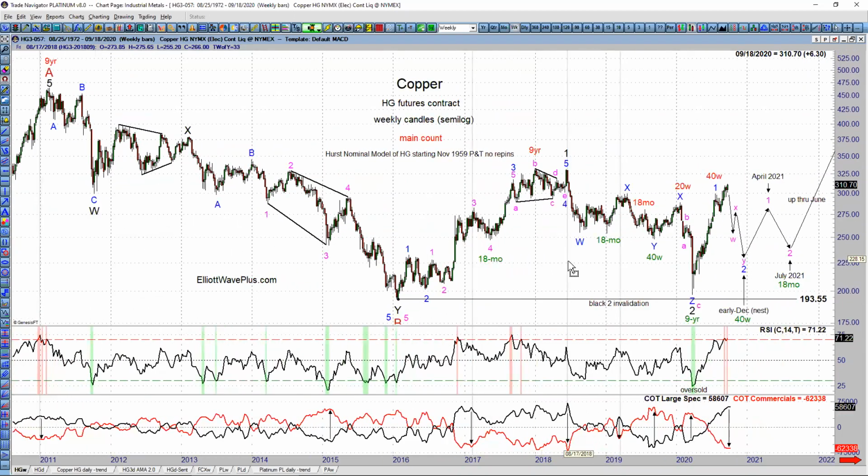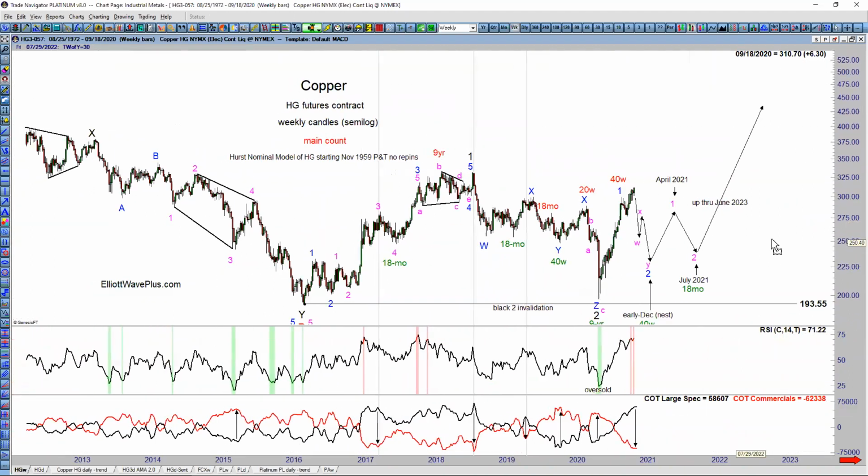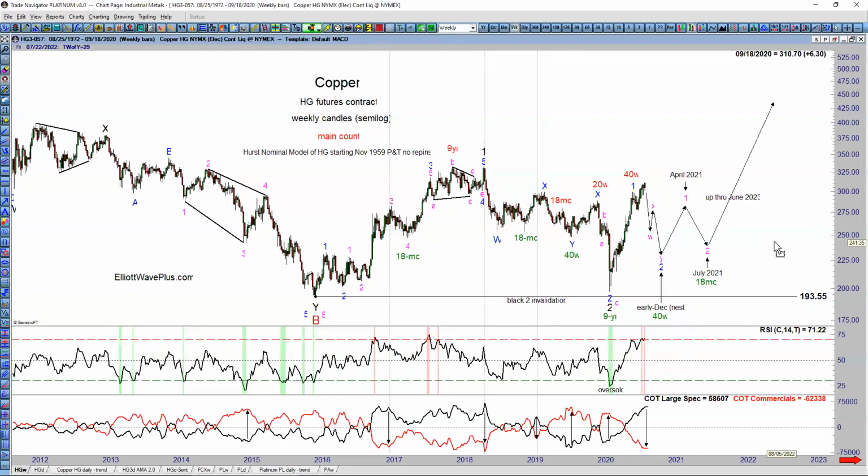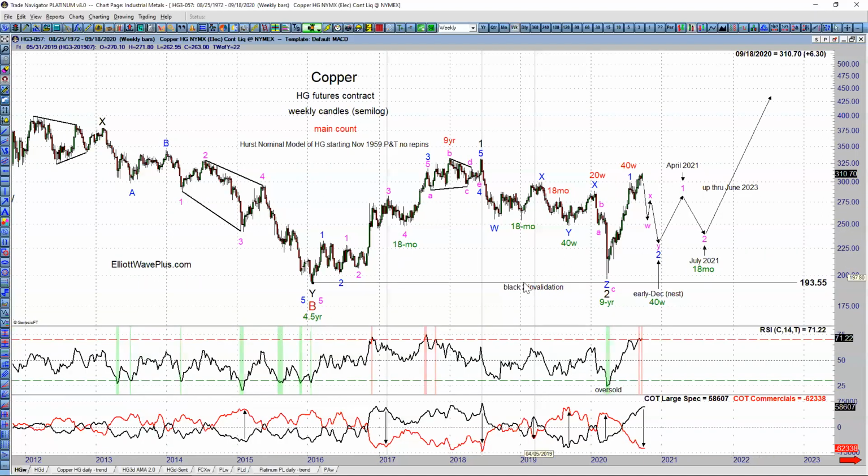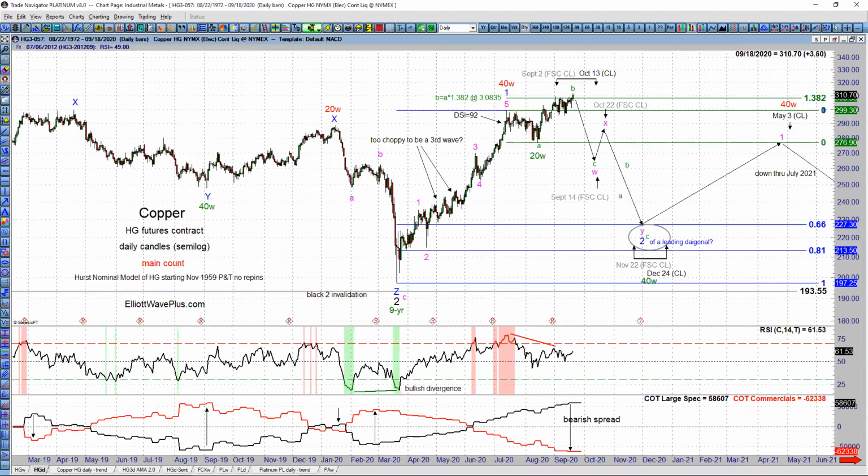I know I keep pointing this out, and yet copper continues to move higher. It's the winner in the stubborn parade as far as wanting to hold on to this trend going to the upside.